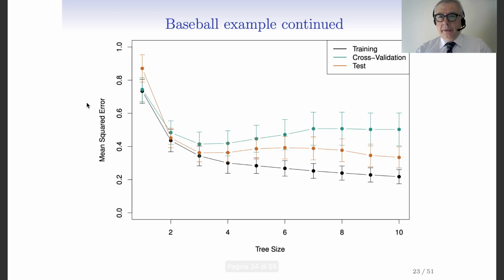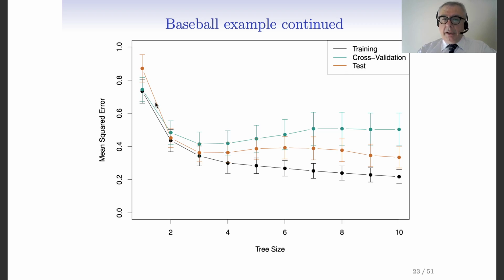And here we have a summary of the performance, and we are looking at the training, the cross-validation, and the test. Remember that we have about half of the data that were not used for training, but were kept apart, so that we can use them for a final test.